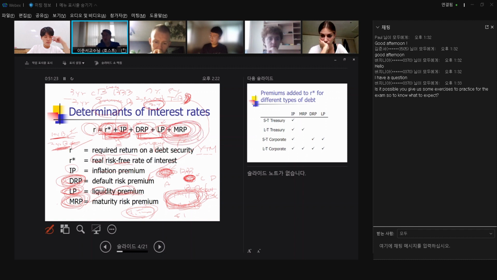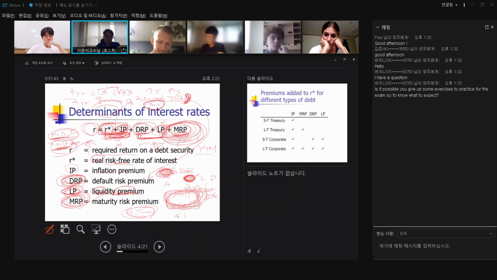The difference of maturity risk. So definitely the 30-year bond has a higher maturity risk premium than the 10-year bond. So the interest rate of the 30-year bond is higher than the 10-year bond.